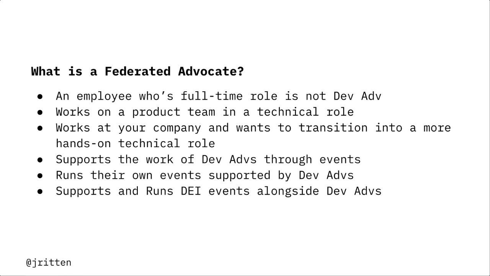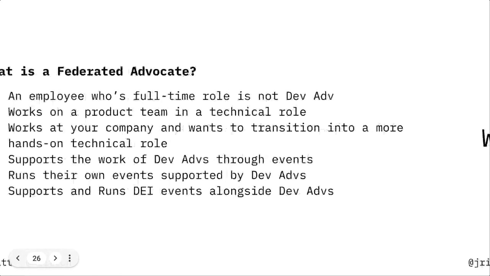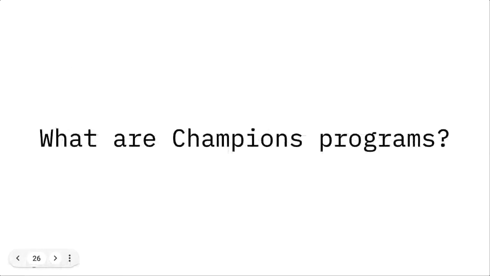Federated advocates also have opportunities to support and run their own events and have support from other developer advocates like myself. And Evan is a federated advocate that's been in the space since the inception of our Austin team. It's a great space if you want to transition into a more technical role and really show off your skills. That's something that Evan's been doing the last year. He's our Kubernetes champion at this point.